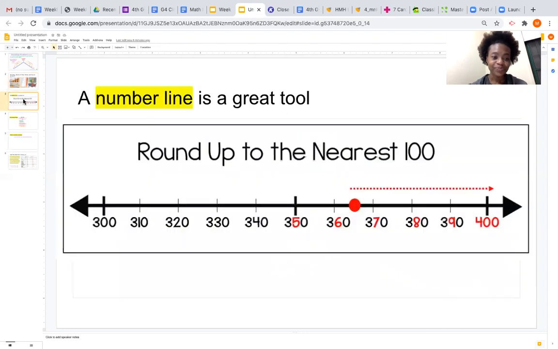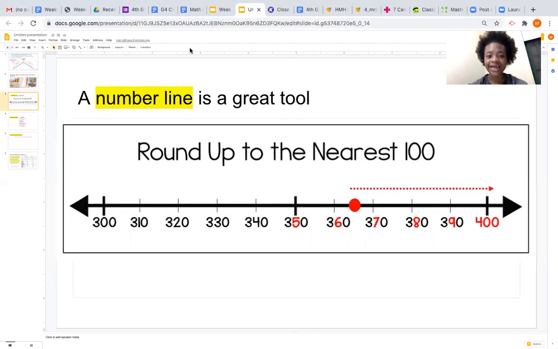One of the best tools to use to round is a number line. A number line is just a great visual tool. It's something that we can see, we can make sense of, and we can see the relationships between the numbers that we're working with.